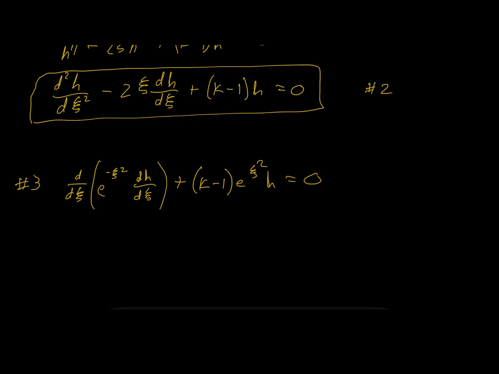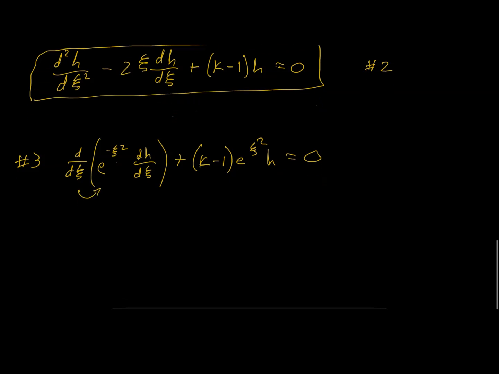All we're doing is a derivative. And so you're going to have a product rule. So we have the derivative of the first, which is minus 2, because it's not divided by 2 this time, c e to the minus c squared. Okay.